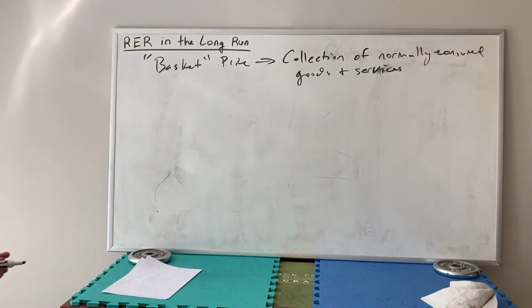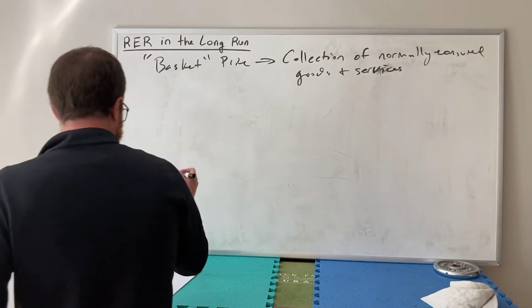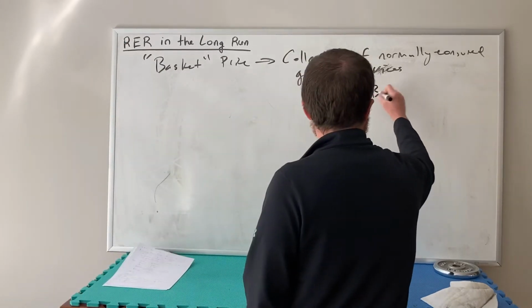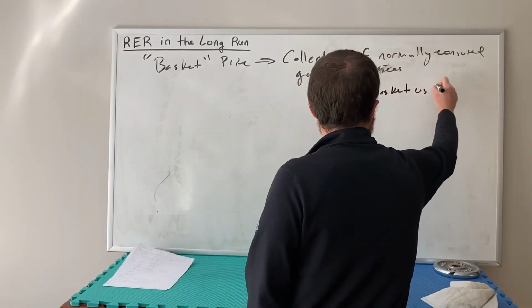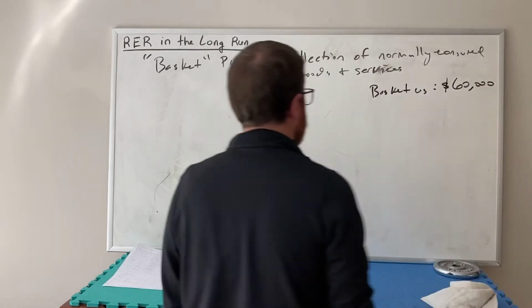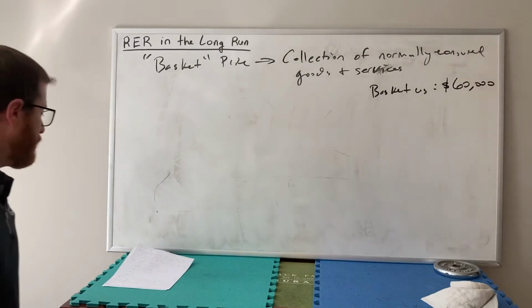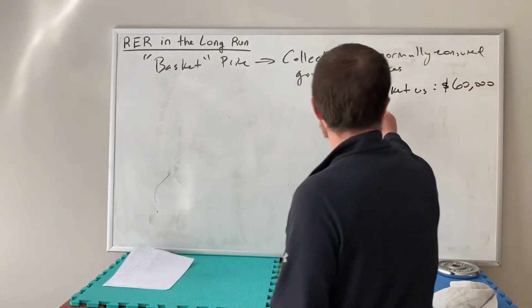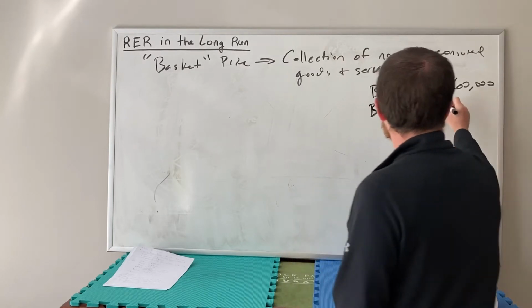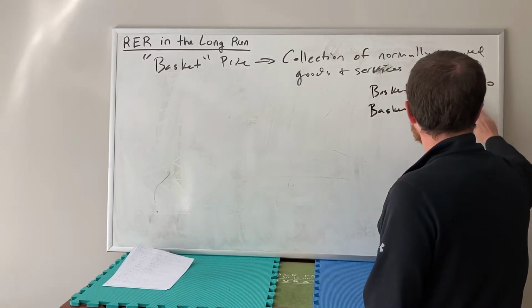So let's think about this a bit between two countries now. Let's say that a basket in the U.S. costs us $60,000 US, whereas a basket in Canada costs $80,000.